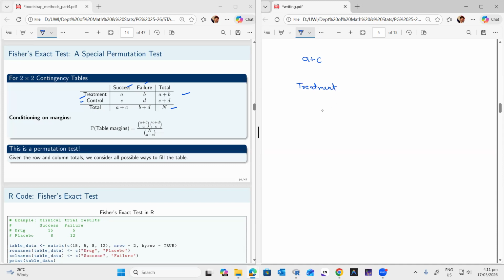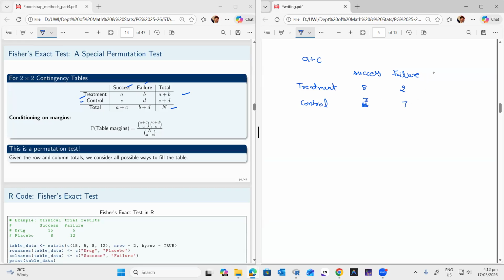For example, here is the treatment and here is control, here is success and here is failure. Instead of A, I take 8, and in the control it is 11. The failure in the treatment group is 2, and in the control the failure is 7.